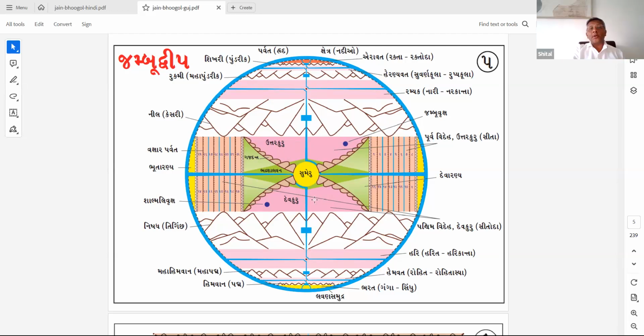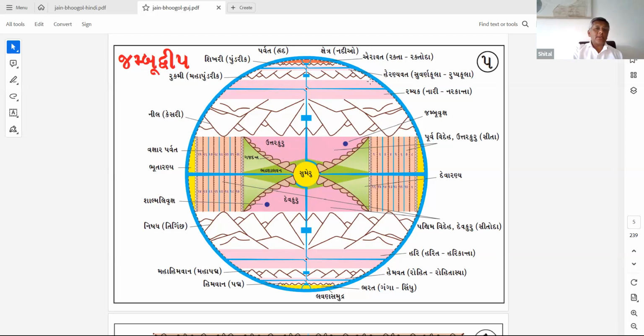So in total, at any given time, we can have 8 Bhumis in the whole of Jambu Dweep. 1 here, then 2, 3, 4, 5, 6, 7, and 8. So 8 Bhumis in total at any given time.